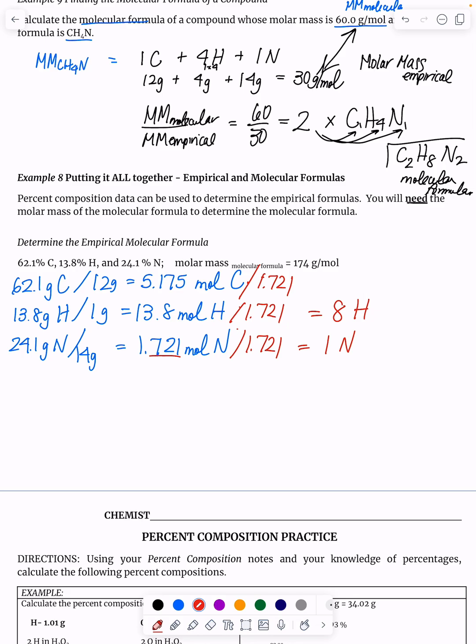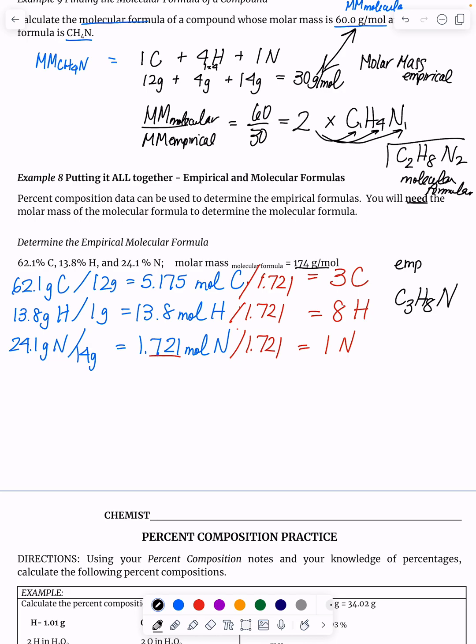And then this top one, 5.175 divided by 1.721, gives me about 3 carbons. So there, before my eyes, is my empirical formula, C3H8N.